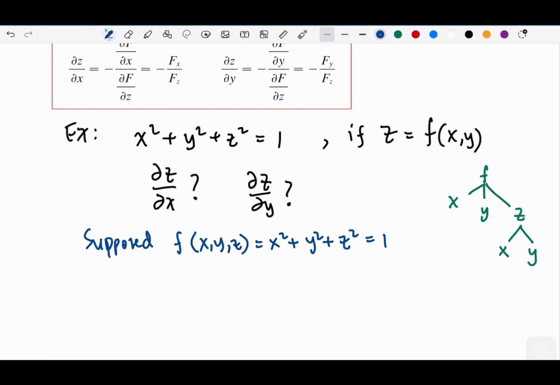Dou z dou x means that if the question starts with dou f dou x, we are going to get this path and this path, right?